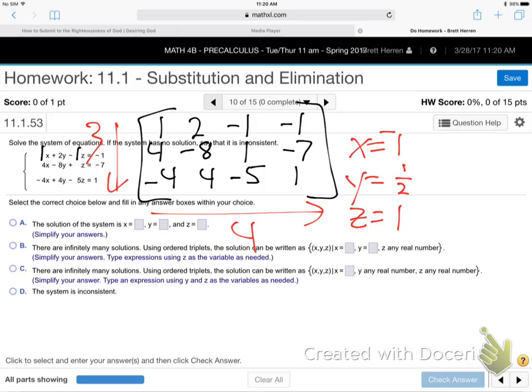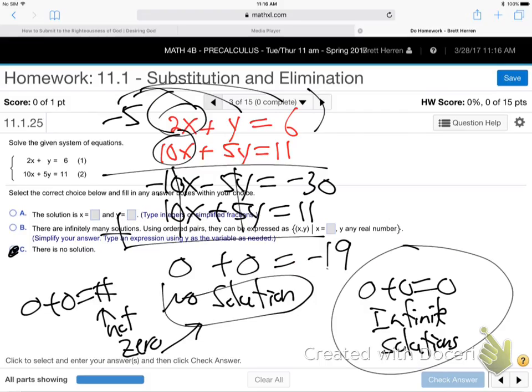Did you guys get that answer? Let me go back. Where was that one? Oh, yeah. And then you go back to the matrix. And we multiply by, so 10, 5, 11. Yeah, that's right.